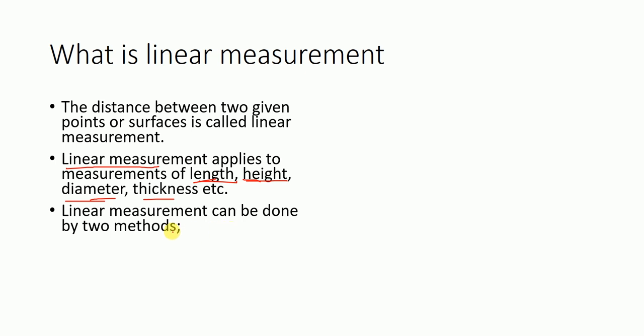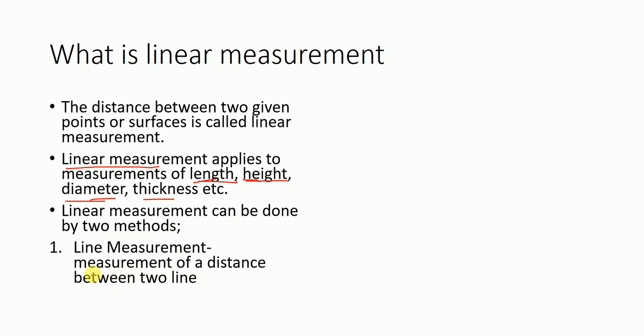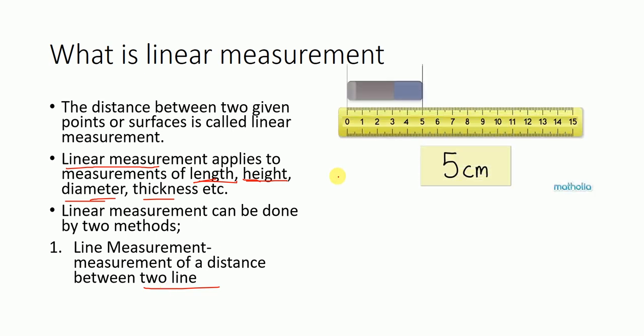Linear measurement can be done by two methods. Number one, line measurement. The measurement of a distance between two lines is line measurement. In this picture we can see the object whose length is to be measured.